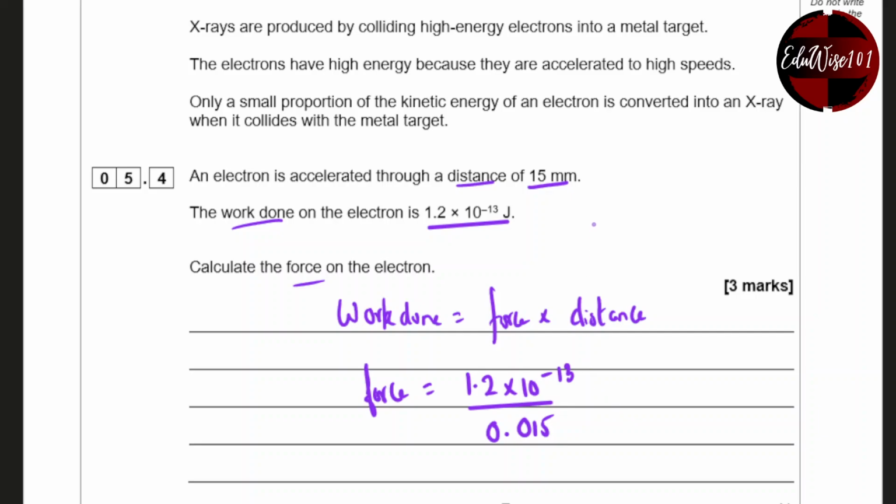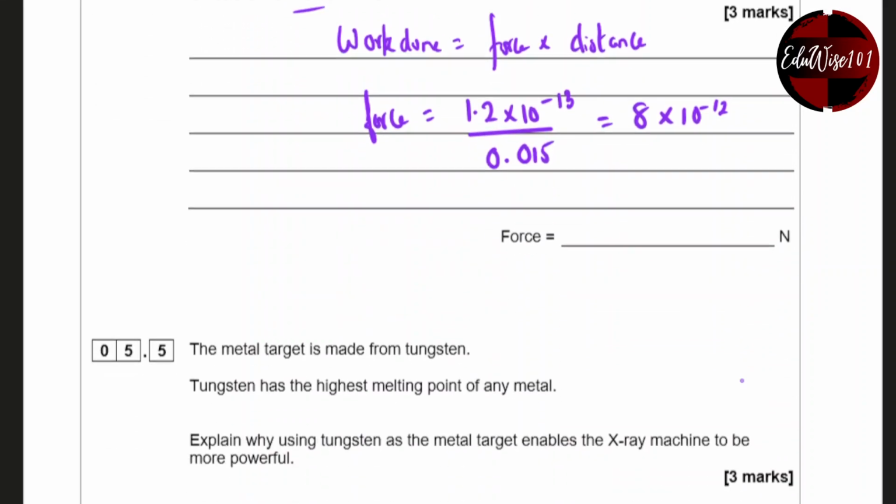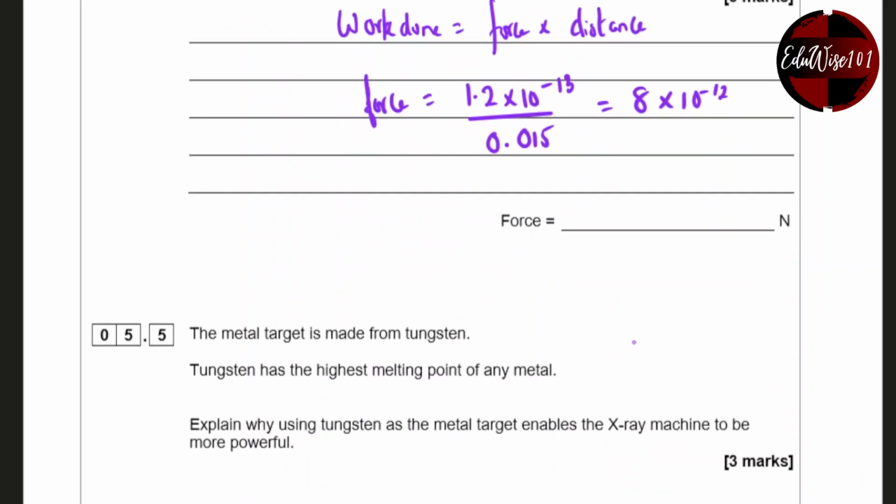Now, why is it 0.015? I divided the 15 millimeters by 1,000 to get 0.015 meter. And that gives me an answer of 8 times 10 to the power minus 12 newton.